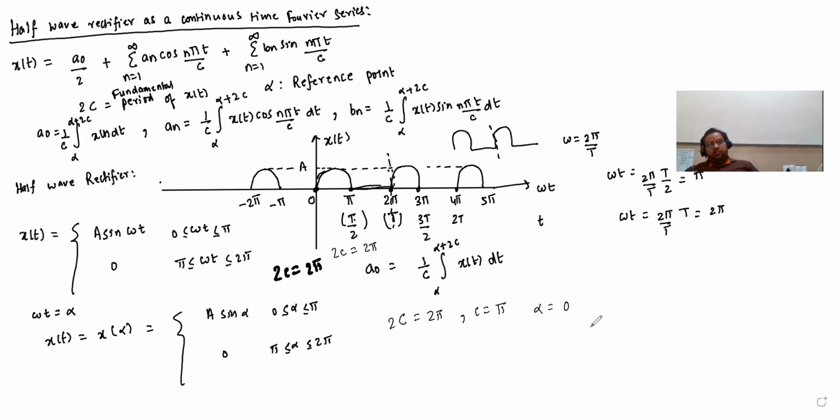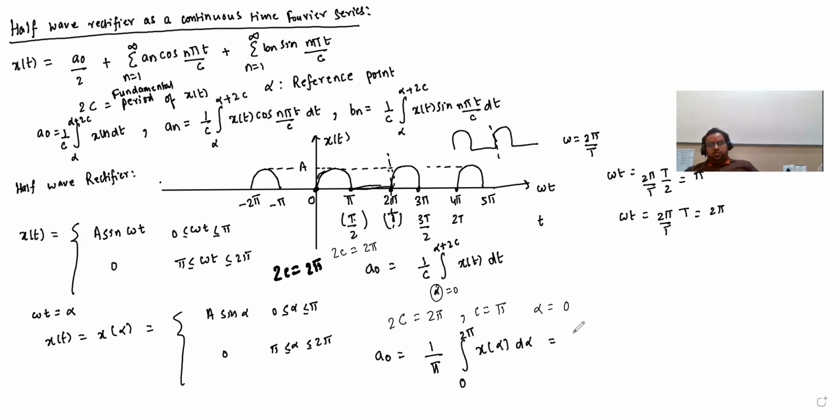So let us take this reference point to be 0. Okay, so a naught will be obtained as 1 by c, so that is 1 by pi, from 0 to 0 plus 2c, so that is 2 pi, and x of t becomes x of alpha.